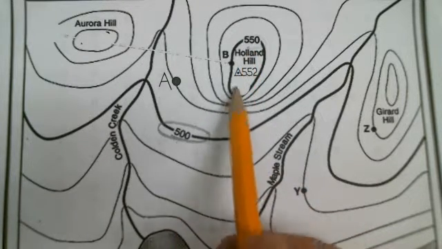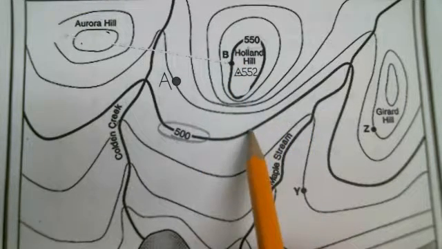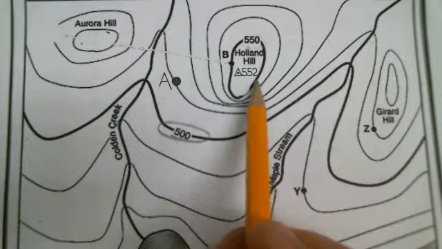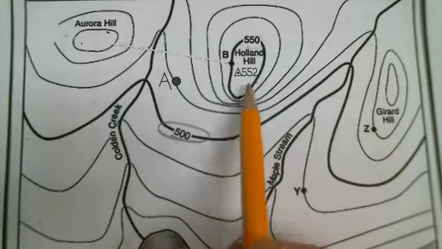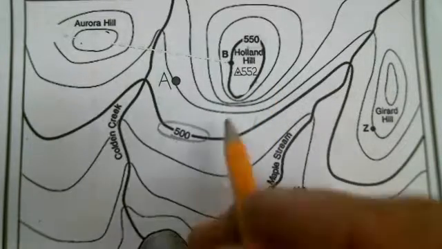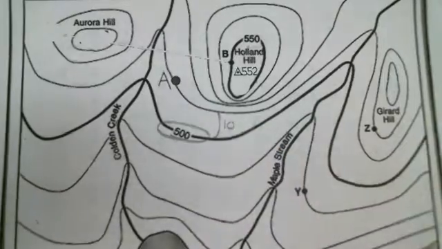So how many steps is it from this dark line to this dark line? We have 1, 2, 3, 4, 5 steps. So to go from 500 to 550 in 5 steps, that must mean that each one of these steps is 10 feet. So the answer, number 25, is A.